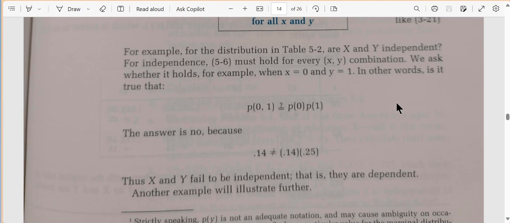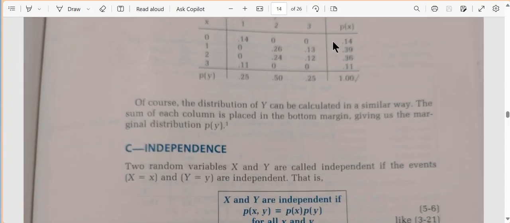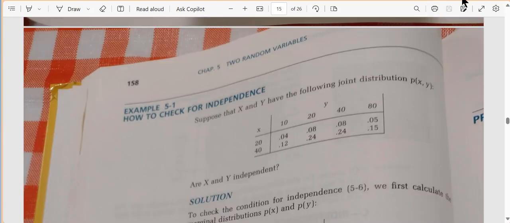So the point here is that saying that two random variables are independent is a big deal. It's really saying a lot. We couldn't even get it for one calculation, but it has to be true for all of the calculations that we would have to do.